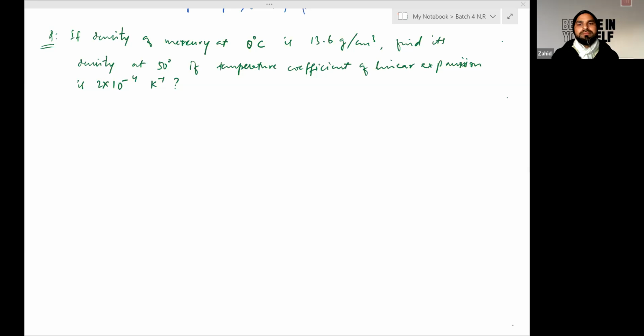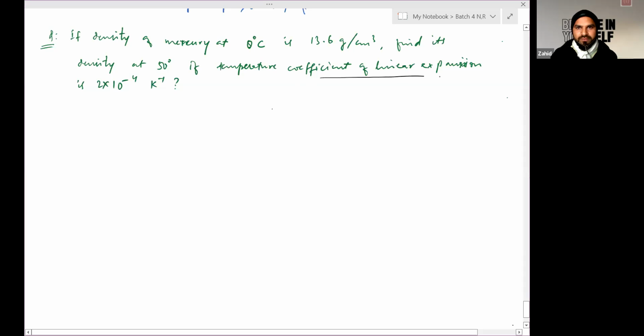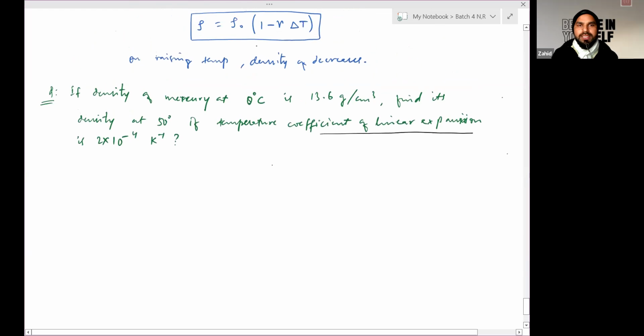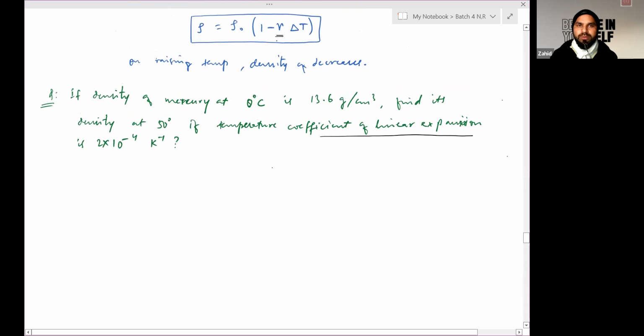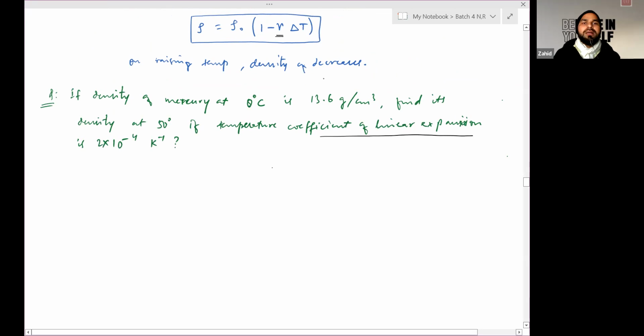Gautam and Sham, please check your answer. Here we have been given the temperature coefficient of linear expansion. But according to the relation, density is related with gamma, which is volumetric expansion. So first you have to convert linear expansion into volumetric expansion, then apply the formula. Krishna, just check your calculation. On increasing temperature, density will decrease.